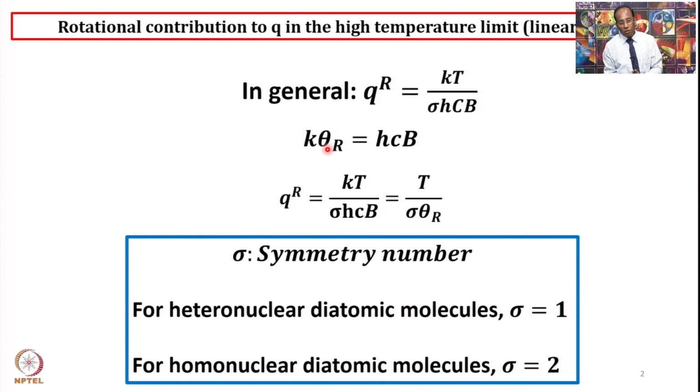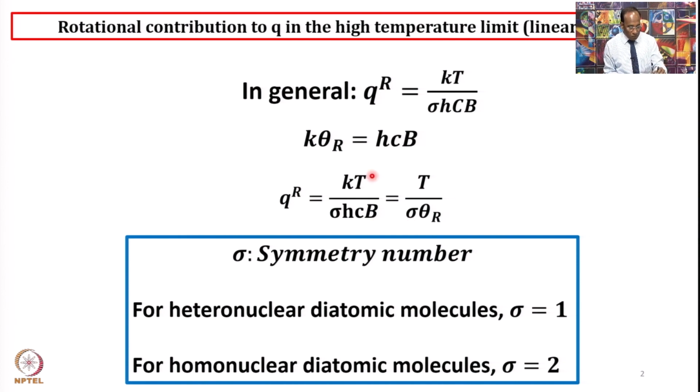When we were talking about heteronuclear and homonuclear diatomic molecules, we talked about the inclusion of the symmetry number in the denominator. For heteronuclear diatomic molecules, sigma is equal to 1. For homonuclear diatomic molecules, sigma is equal to 2. The reason for this we have discussed in the previous lectures. So, one way of representing rotational contribution to partition function for a linear rotor is kT by sigma hCb.